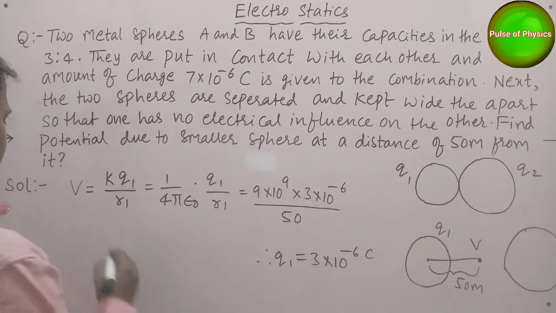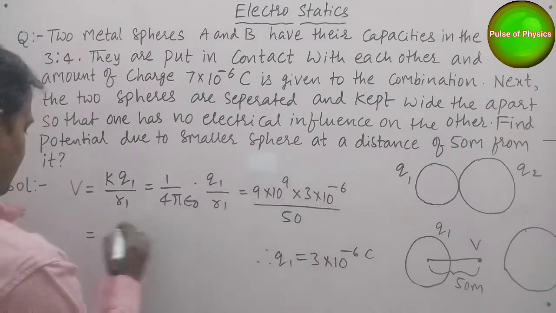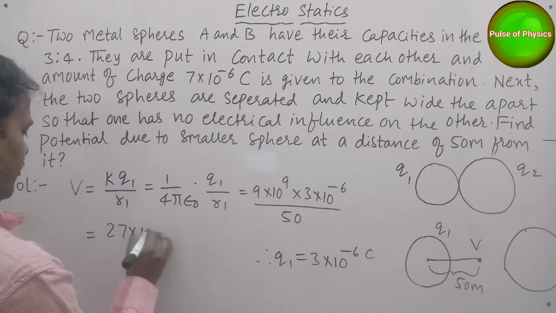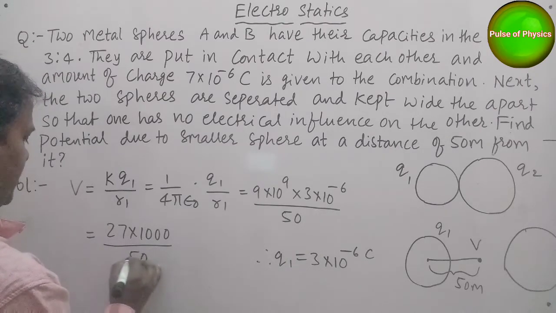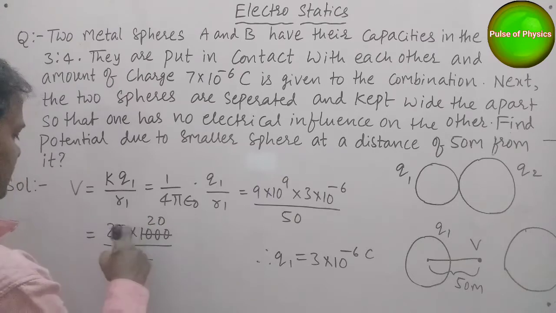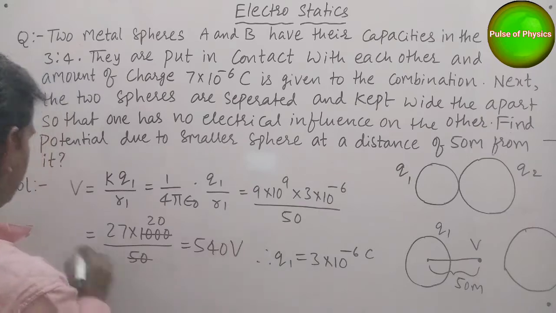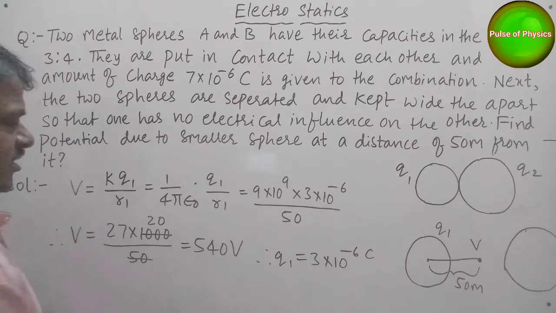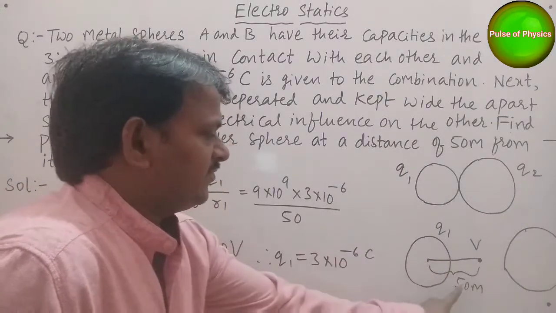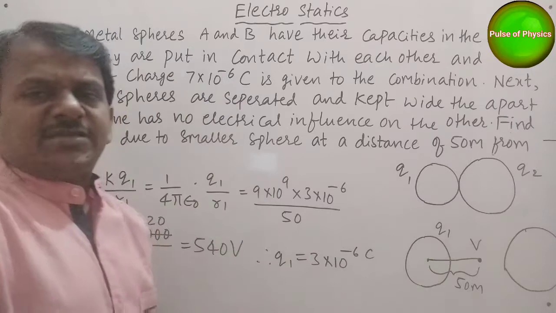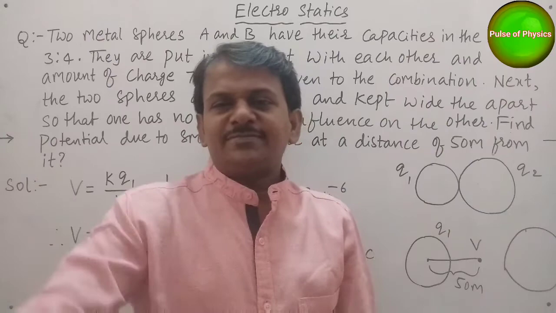Here, 27 × 10^3 by 50. Fifty twos are 100, so 50 twenties... 27 × 20 is 540 volt. That is the potential due to this smaller sphere at the point located at 50 meter distance. Have you got it? Any doubt in this? Thank you.